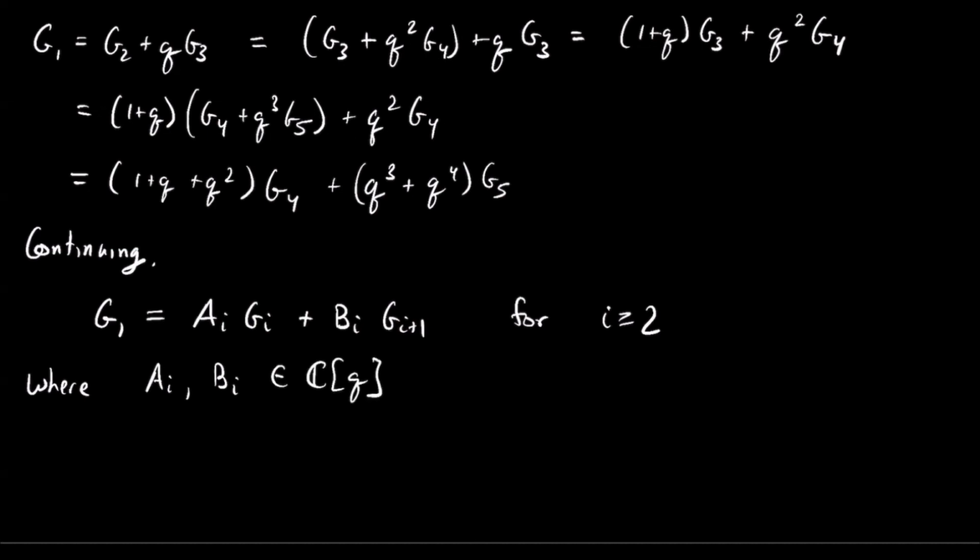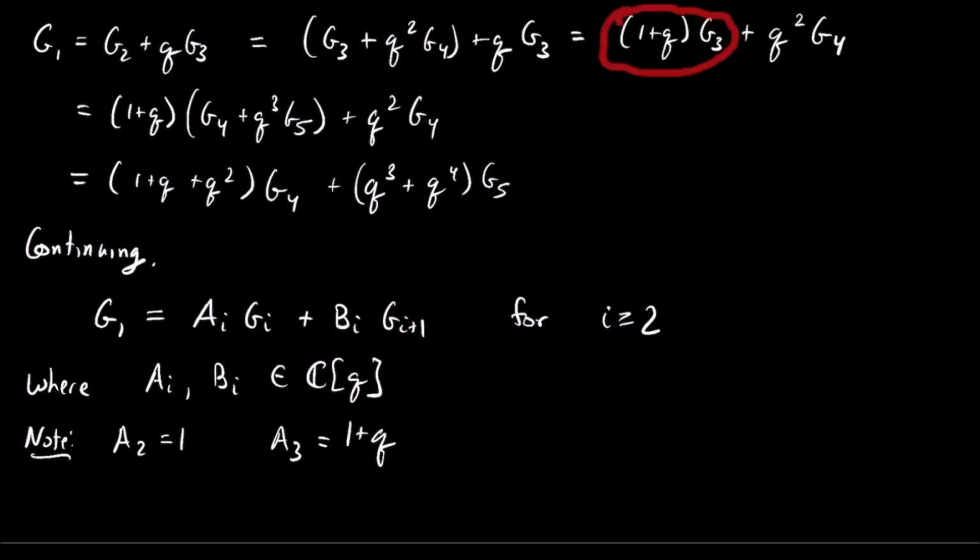So notice from our above expressions, one thing to notice is we've already found the first few A's. We had that A2 was equal to 1. That was our coefficient of G2 in our very first expression. A3 is equal to 1 plus q, which is just our coefficient of G3 when we did our first rewrite.